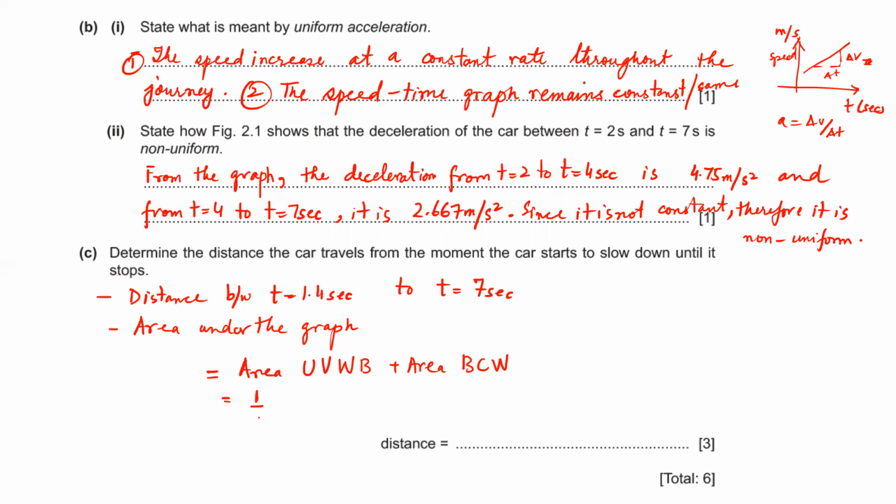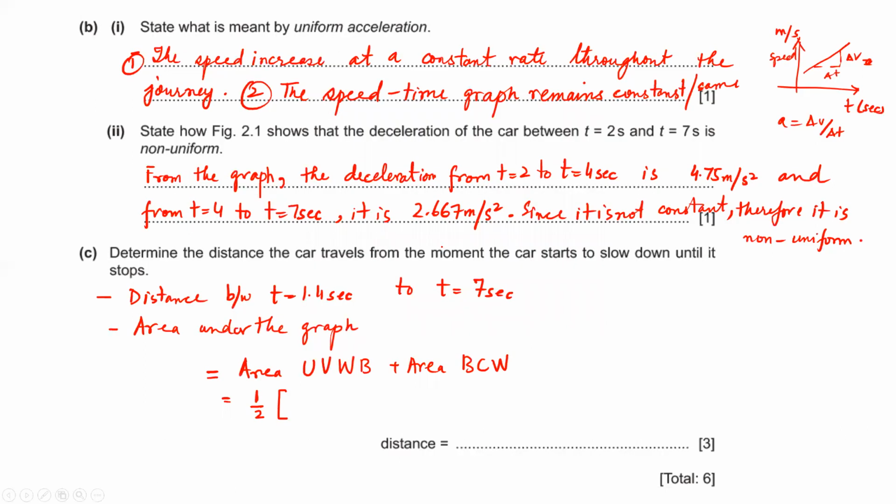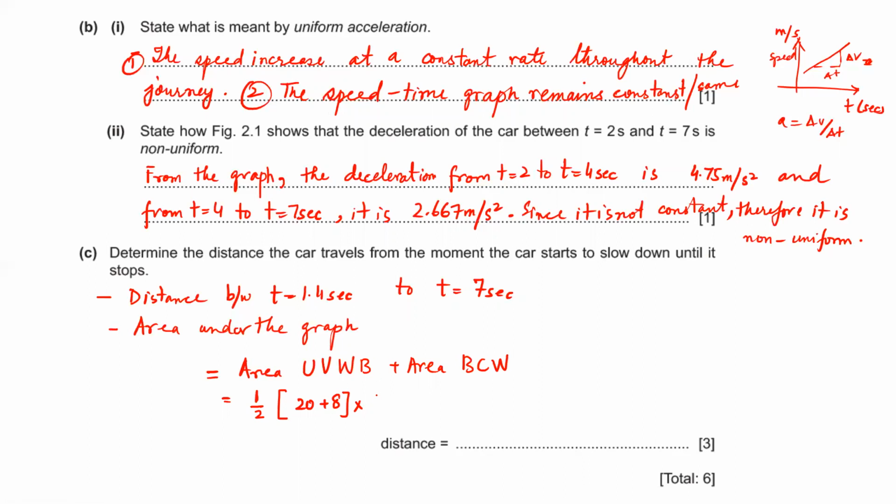Area, first case, 1 by 2, sum of parallel sides. So we have to find the sum of parallel sides. So 20 plus 8, multiplied by the height, and the height is 4 minus 1.4.